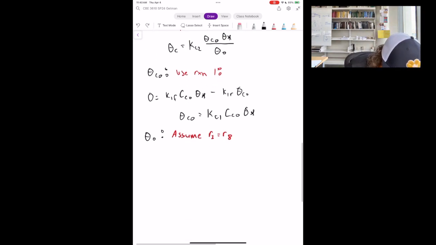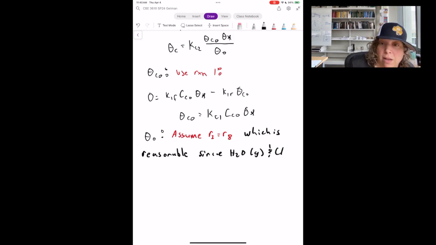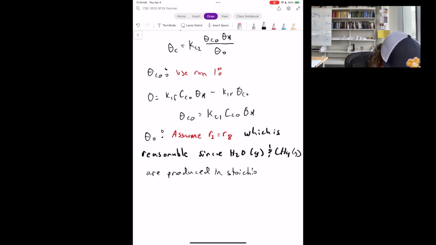So we'll say which is reasonable since H2O and CH4 are produced in stoichiometric amounts.